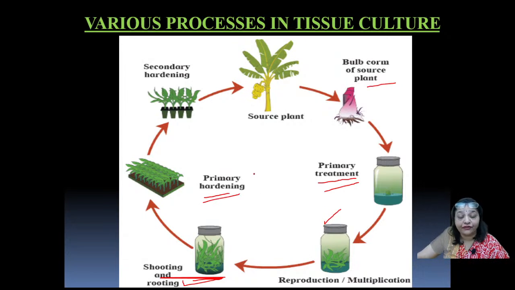That is, they will have to face all the conditions present in the natural environment. They have to get used to it, or acclimatize to the surroundings and the soil.